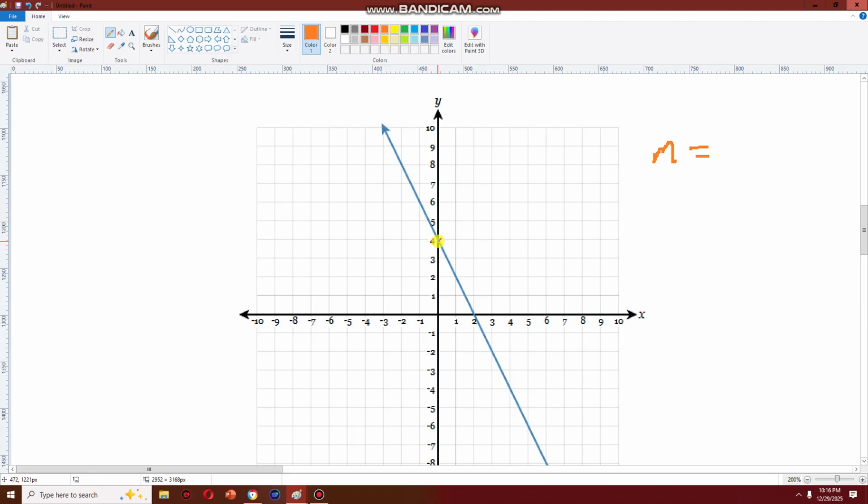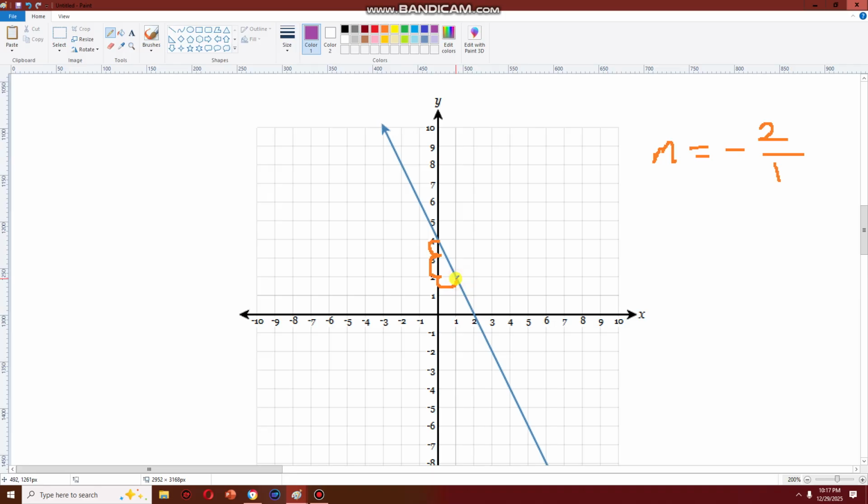Notice that the arrow is going down, so I know my slope has to be negative because it's going downwards. Let's see where we can go. So here's 0, 1, 2. Put over here 2. And how many across? 0, 1 across. I'm saying that my slope is m equal to minus 2, or minus 2 over 1. Let me see if I'm right.